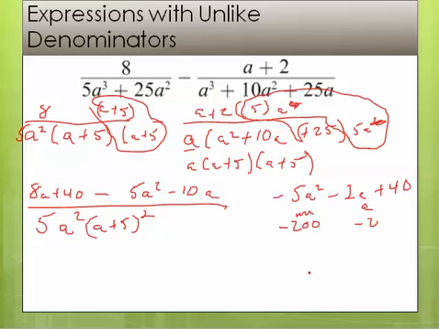Okay, so let's see here. Factors of 200. 2 and 100, 4 and 50, 8 and 25. Okay, still getting there.